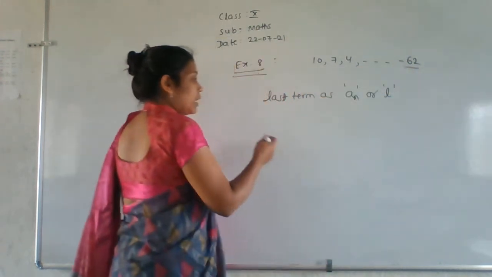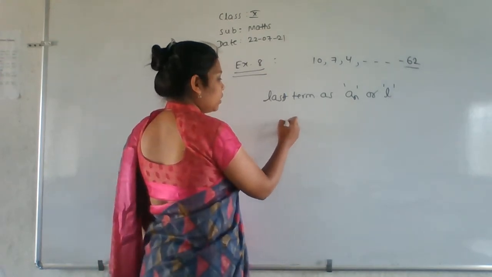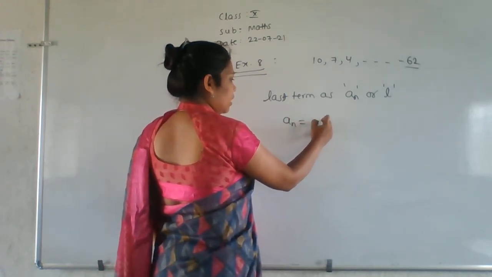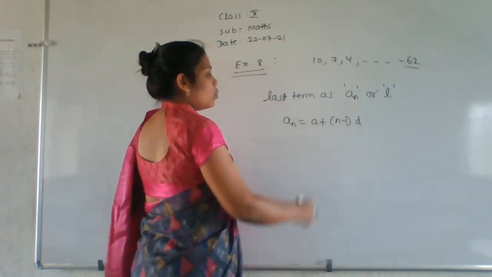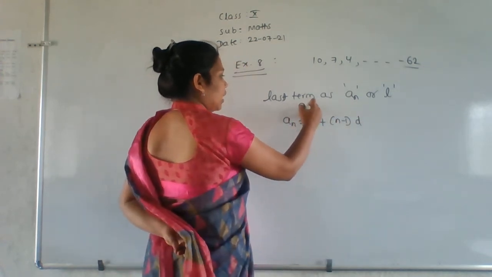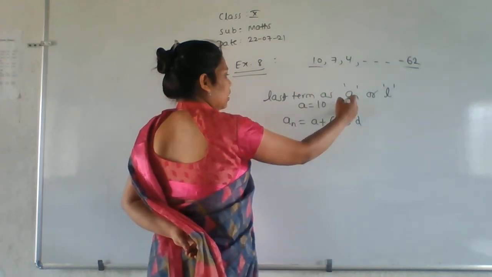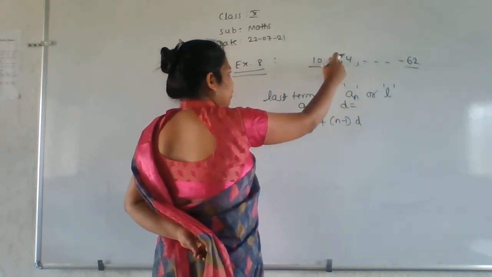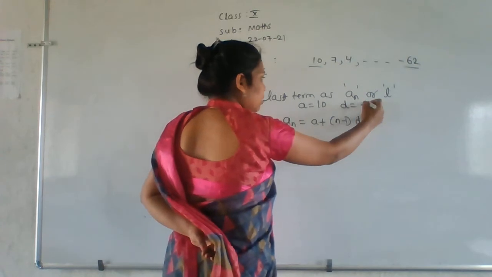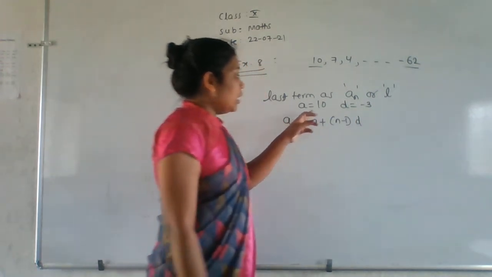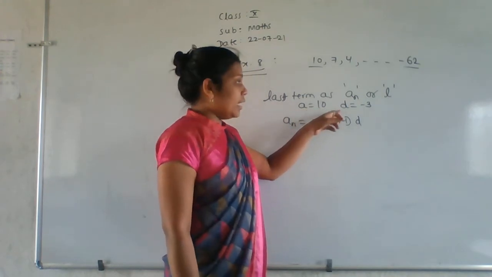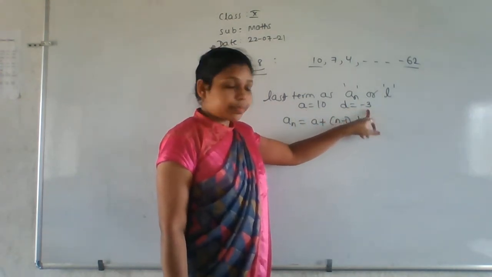Okay. So now by using the nth term of an AP, that is an = a + (n - 1)d. So what is the difference here? Here a will be 10, right? And difference is 7 minus 10, which is minus 3. Understanding properly? a value is 10 here and d value is minus 3.